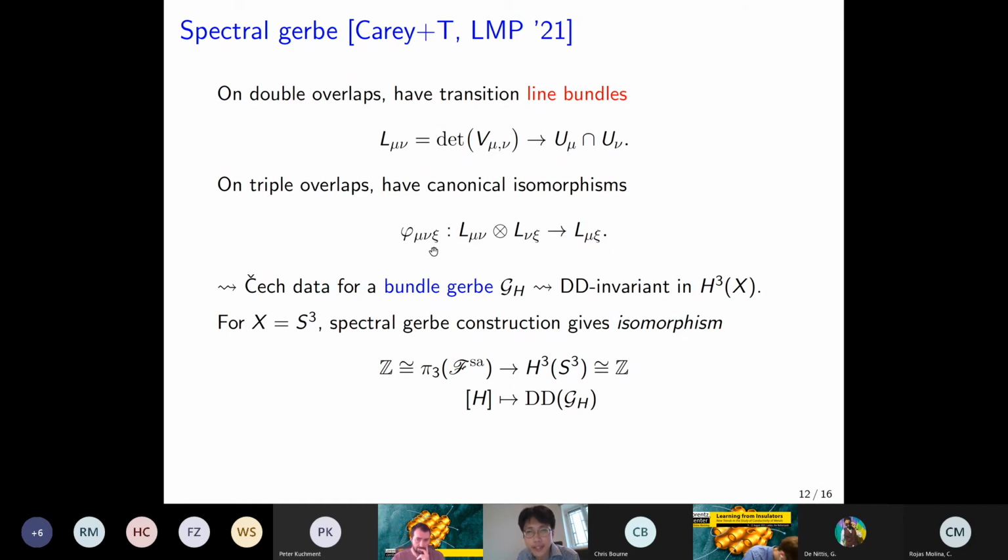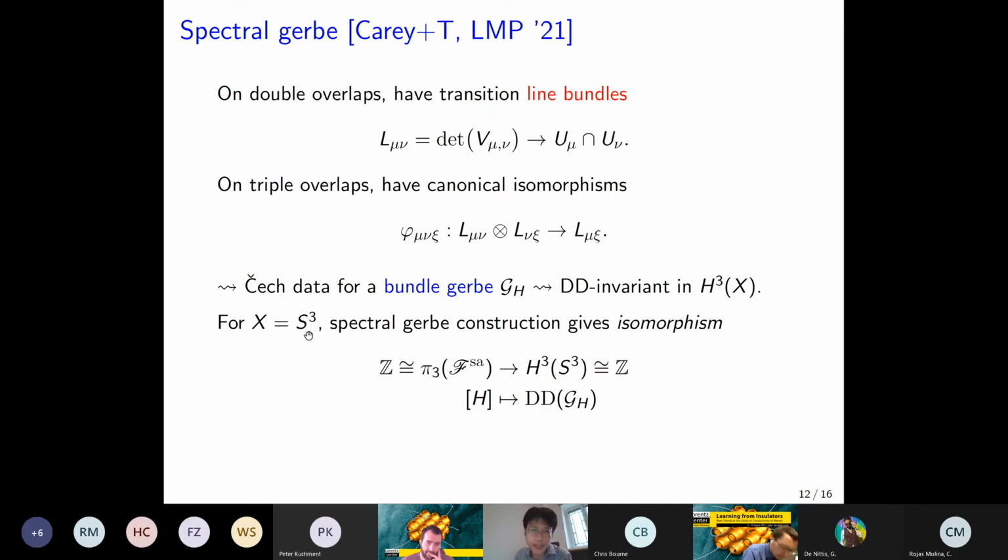So if you have three candidate vacuum levels, there's a kind of associativity condition for consistency. If you know something about gerbes, this is precisely the Czech data for what's called a bundle gerbe. And this is a Czech cocycle, and its cohomology class is called the Dixmier-Douady invariant, and it's an element of the third cohomology group of X.